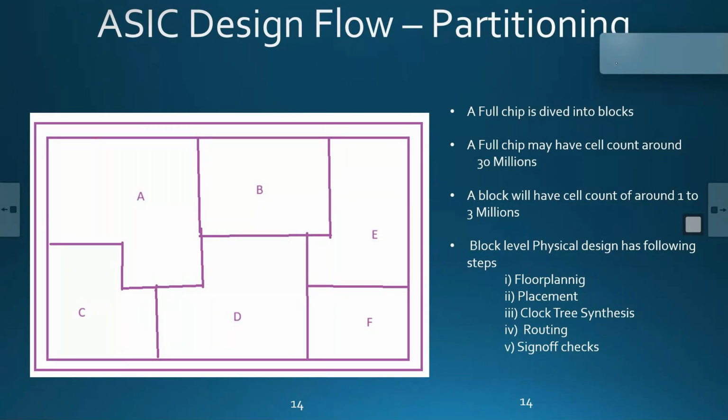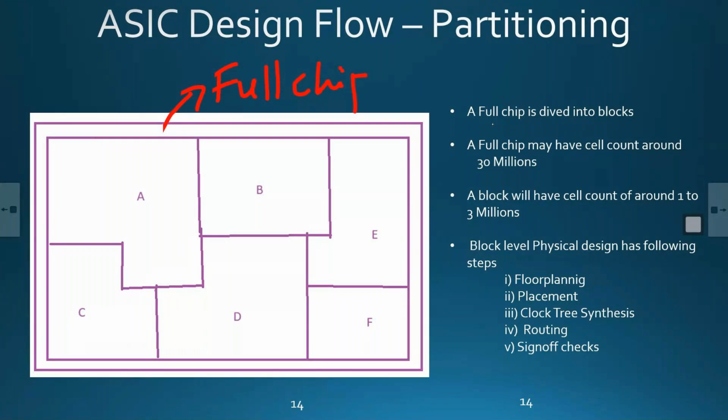See, in physical design, integrating all the blocks is called full chip level design, or it's also called top level design. For top level and full chip, very few engineers are required.